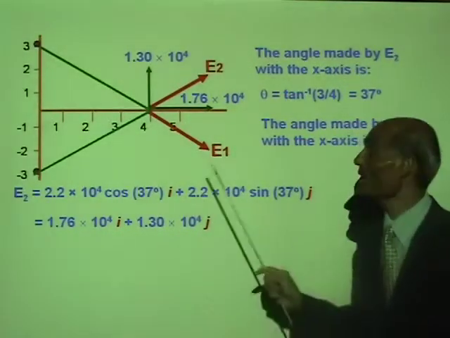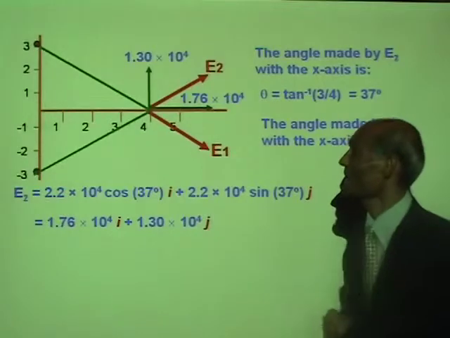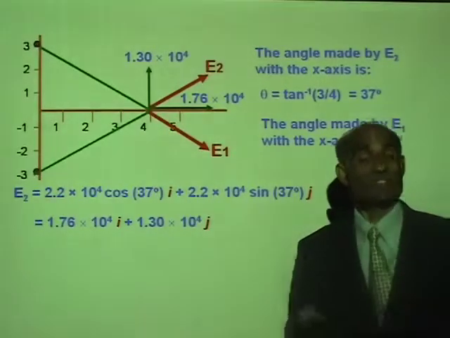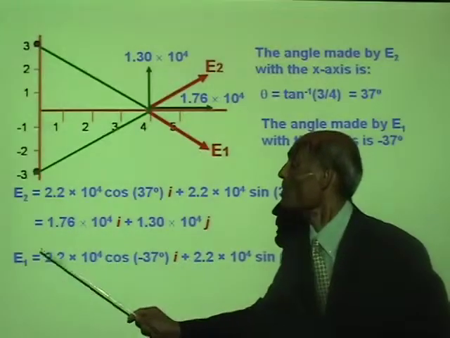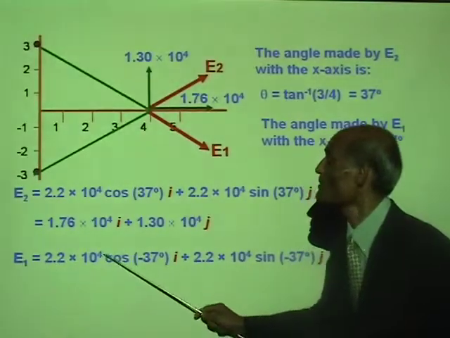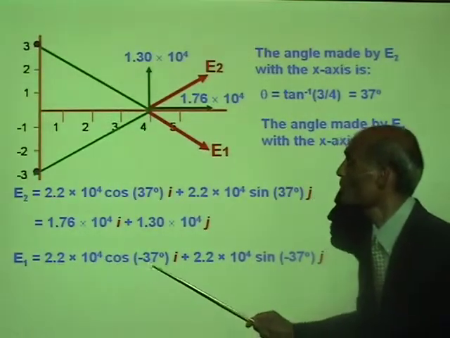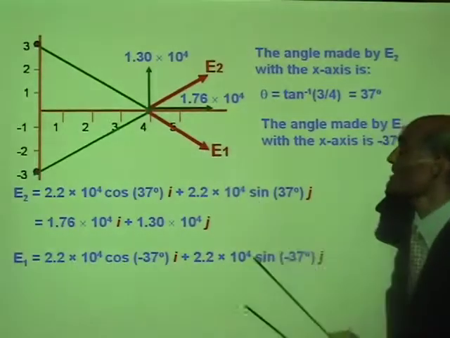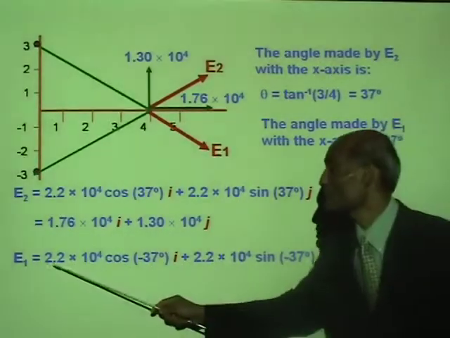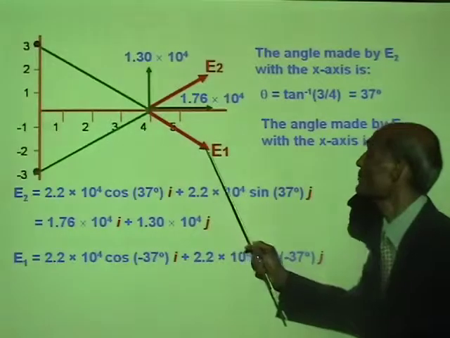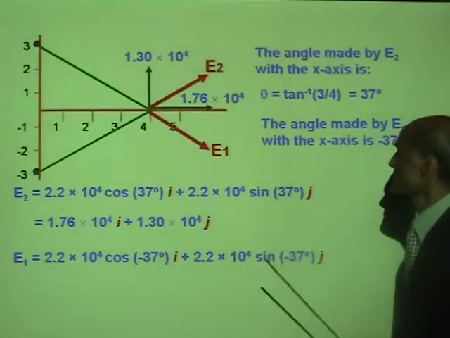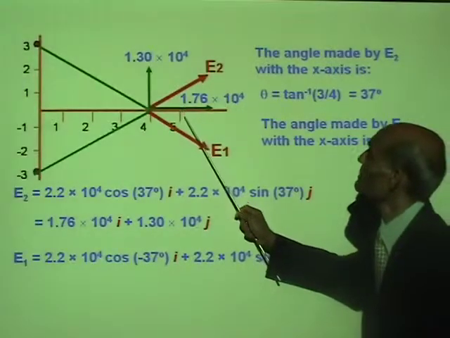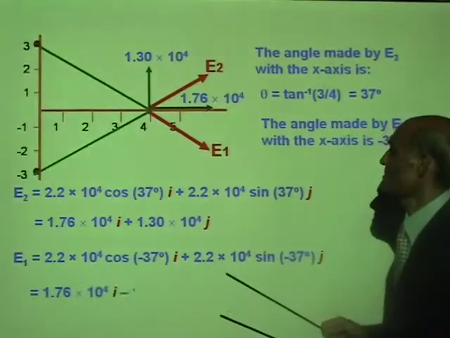Alright, in the same way, can you write E1 as the sum of the x and y components? Yes. E1 equal to 2.2 times 10 to the 4 cos of negative 37 degrees i, that is the x component of E1, plus 2.2 times 10 to the 4 sine negative 37 degrees, that is the y component.